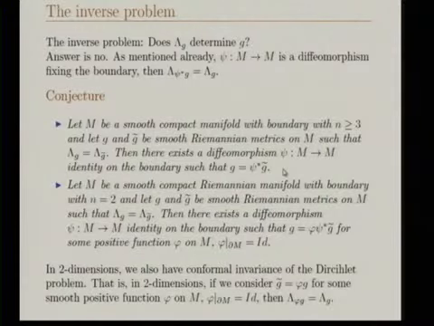Phi is identity on the boundary and it's positive. If you want, you can replace this by e to the phi, as is usually done in Riemannian geometry. This is due to the conformal invariance of the Dirichlet problem that's valid only in 2 dimensions.